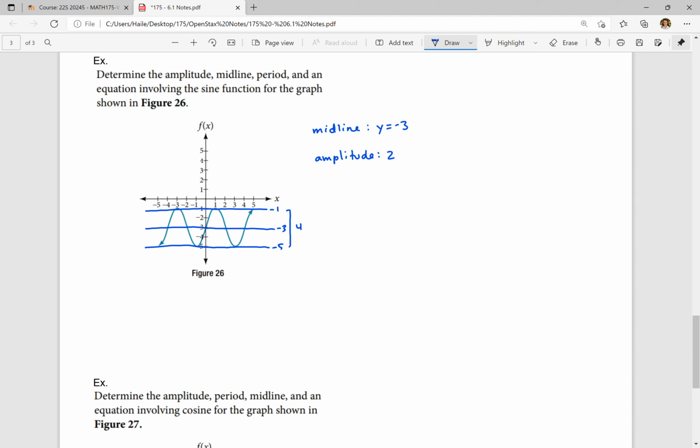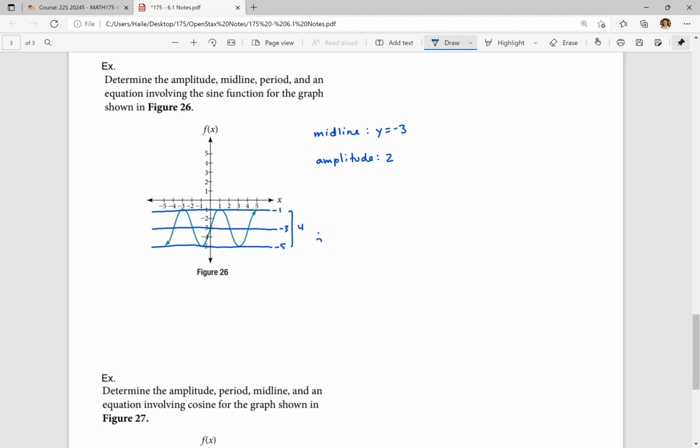And then I can find the period. So the period, remember, is that repeating distance along the x-axis. So now I'm going to draw a couple more lines. So maybe I start the period at 0 and I ask myself, well, where does the graph start to repeat itself again? And your answer might be at 4.